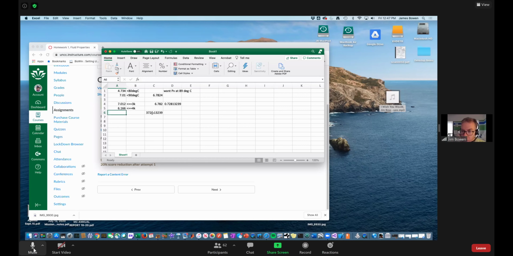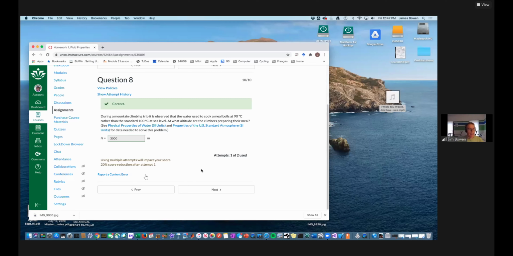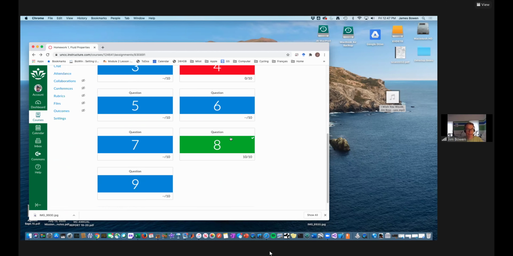I think we should just get rid of this problem. If people do it right and get the wrong answer, I don't know what the answer is; let's look at the solution. I'm going to see if I can go back and do it again.